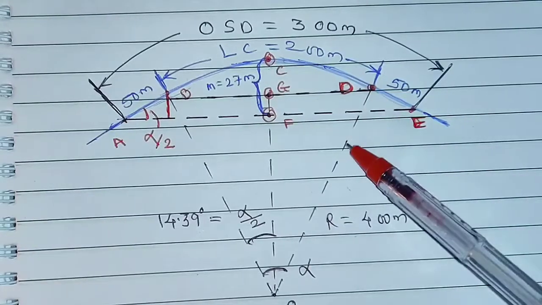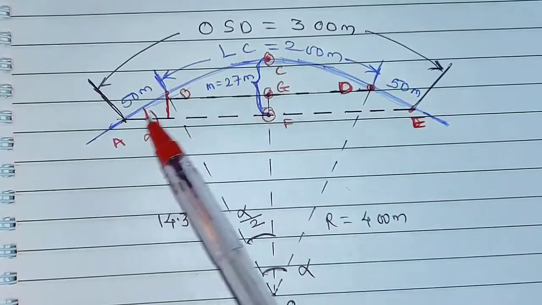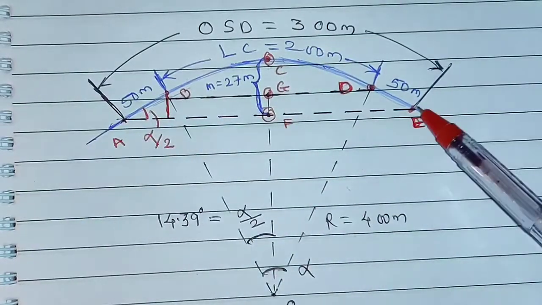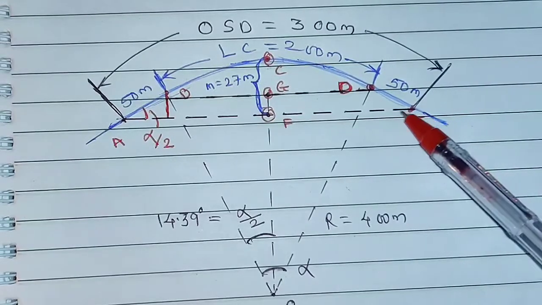And the second case, for the total overtaking sight distance of 300 meters, is the points A and E. So in order to calculate the setback distance, we have to consider two cases.